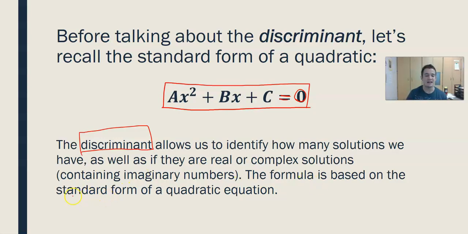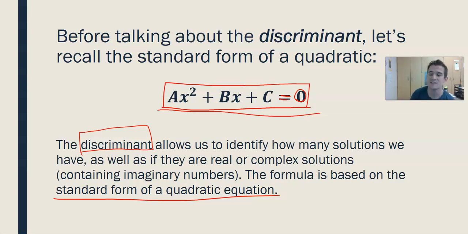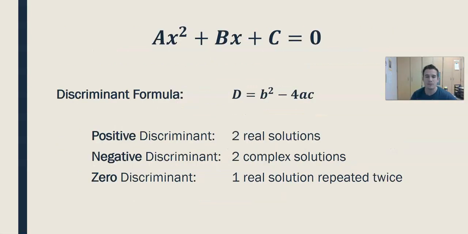So basically, I can take a look at the standard form of a quadratic equation like this, and without even solving it, I can figure out what kinds of solutions it is going to have. Are they going to be real solutions? Complex solutions? Is it just going to have one solution repeated twice? Without even solving, I can determine what kinds of solutions and how many I'm going to have. So here's the standard form of your quadratic function again.